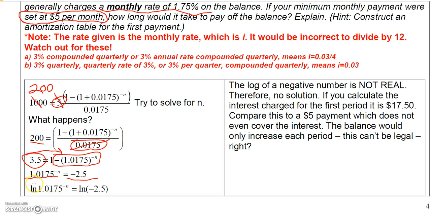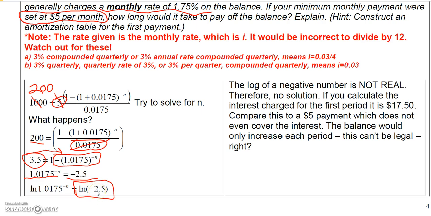Now, what we normally do when we want to solve these is we take the natural log of both sides. So let's say I take the natural log of this side and I take the natural log of this side. Well, grab your calculator and plug in the natural log of negative 2.5 and see what happens.